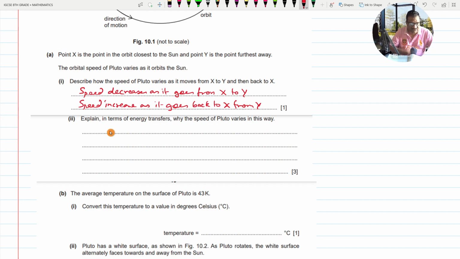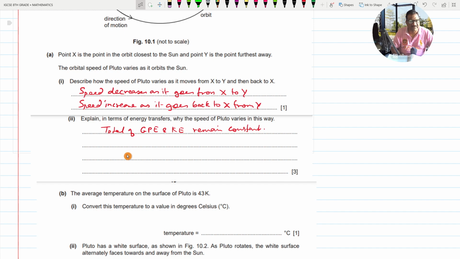So first we'll write that the total of gravitational potential energy and kinetic energy remains constant. This is because of the law of conservation of energy.